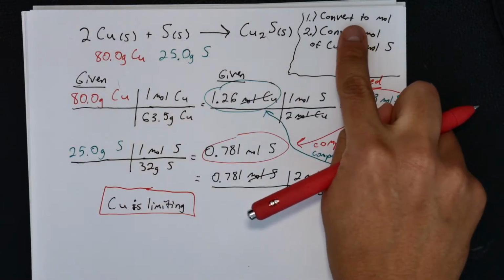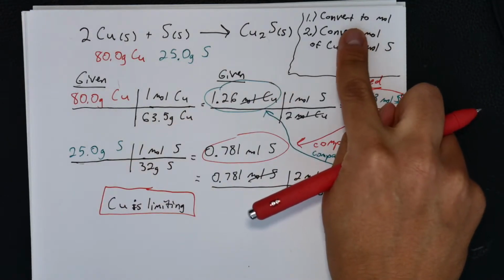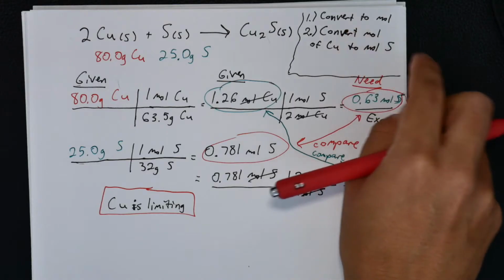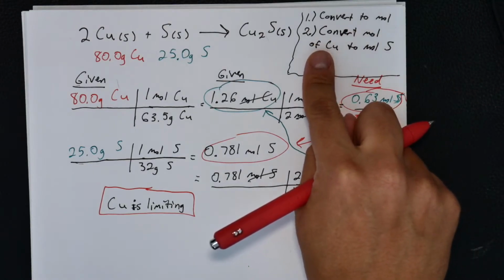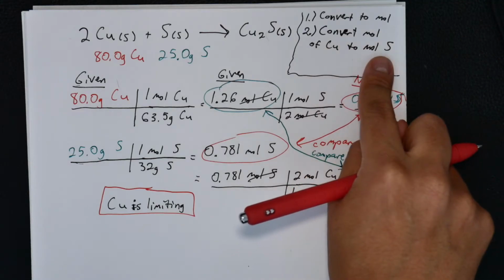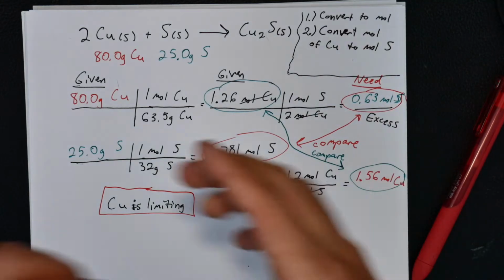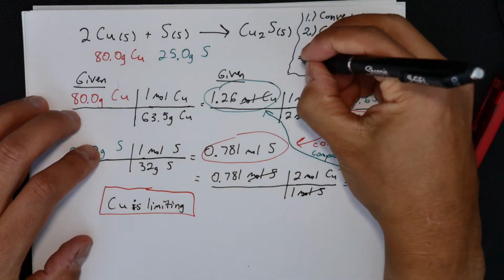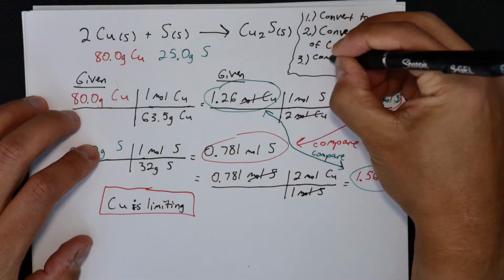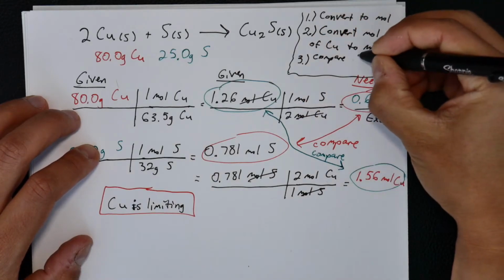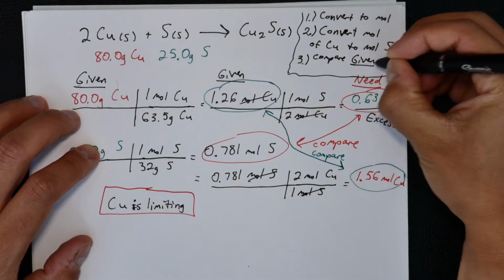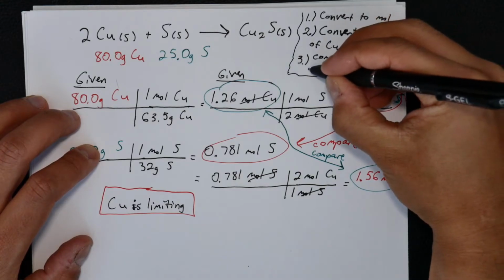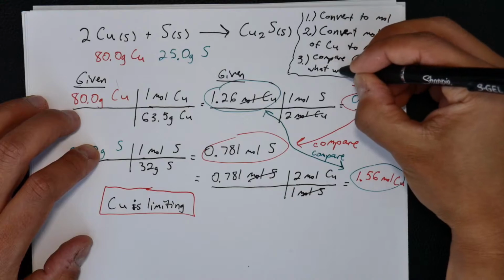First step, again, is always to convert to moles. Always. That's the first step in like every one of these problems in this chapter. Step 2, convert moles of one material to moles of another material. And then step 3 is to compare what we are given to what we need.